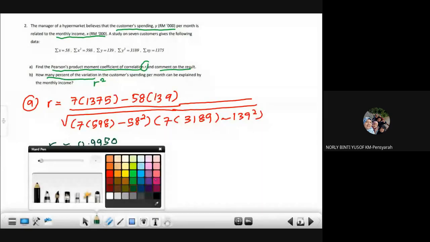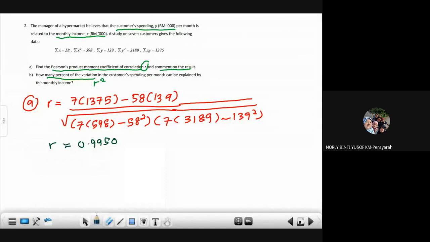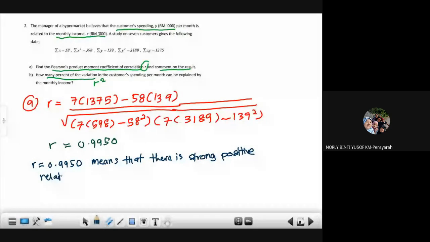So interpret your value for R: 0.9950 means that there is a strong positive relationship between customer spending. Write between in full; this is a shortcut only.